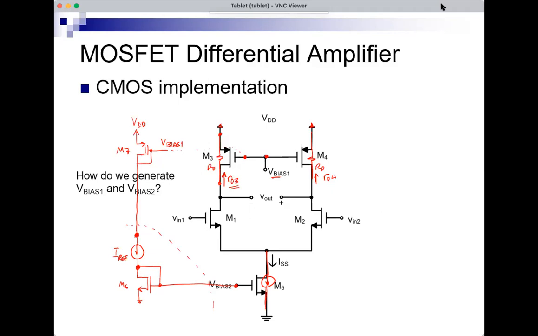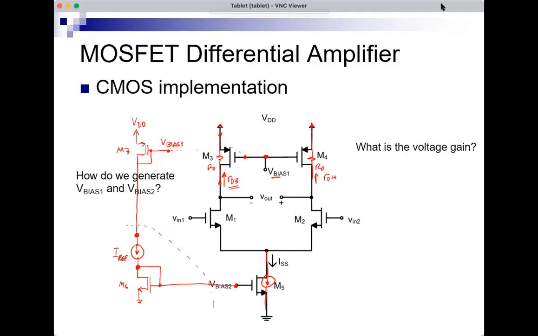So using the reference current source, I mirror that to generate ISS, and also benefit from it to generate this Vbias1 that I need here. So that's how we can generate Vbias1 and Vbias2.